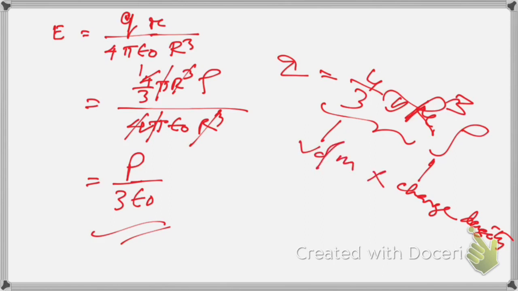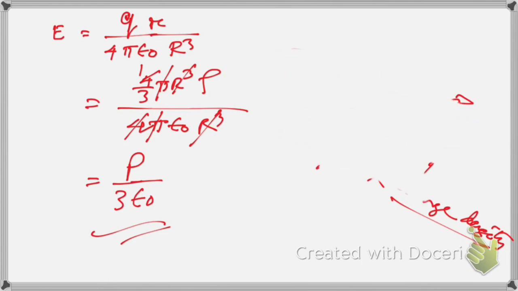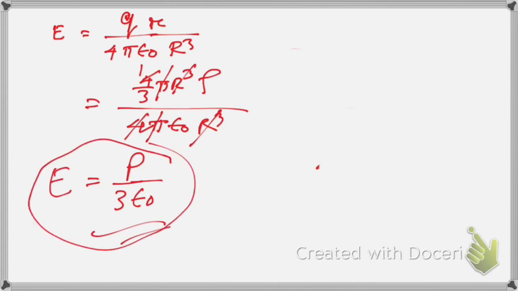Volume into charge density is going to give you the charge, and charge per volume is going to give you the charge density, right? So hope you understood these things, very simple, right? So this is the expression for the electric field for a point inside the sphere.